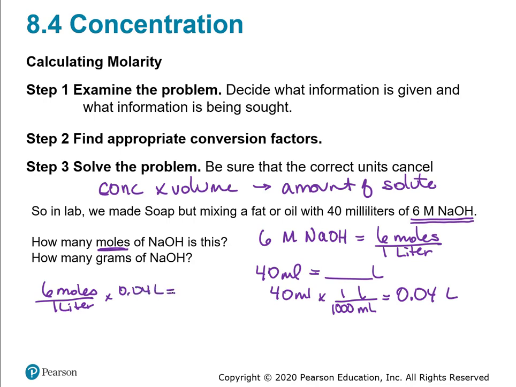So 6 moles per liter times 0.04 liters. Liters and liters will cancel, and it's going to give me my answer in moles. So this is concentration times volume will tell me the amount of my solute.